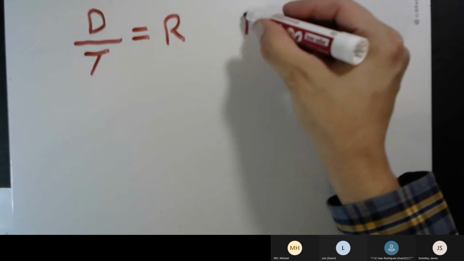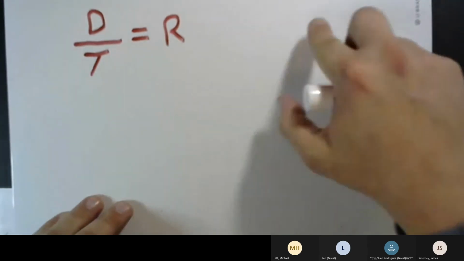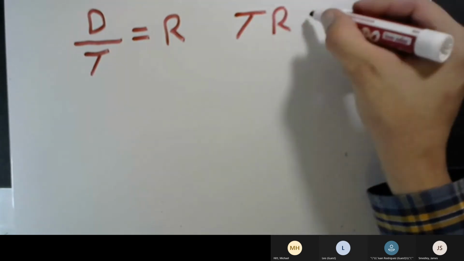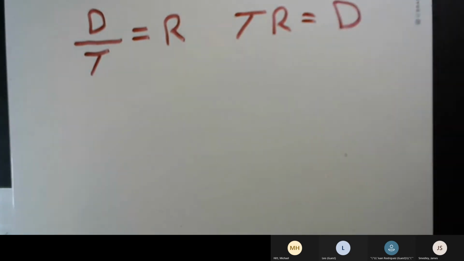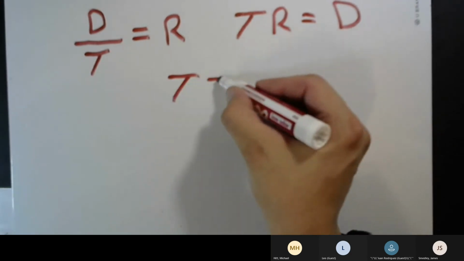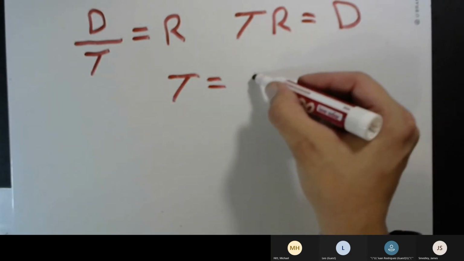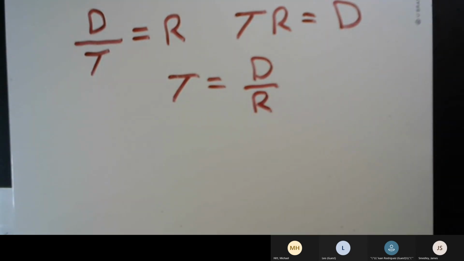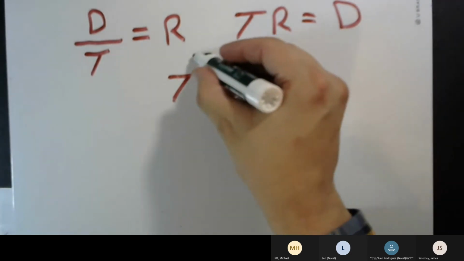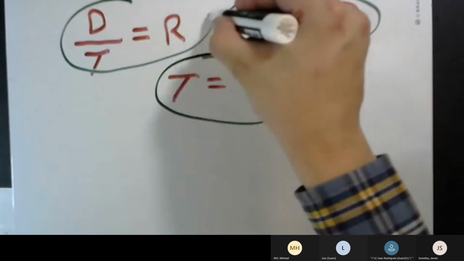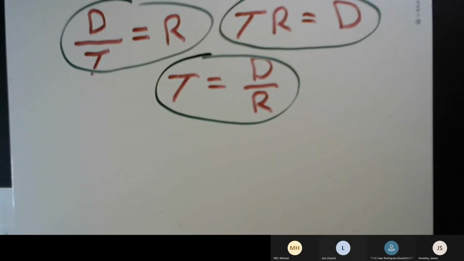We also have time times rate equals distance. And then the third one is time is distance divided by rate. So you actually have 3 of these. Each one solves for a different property.